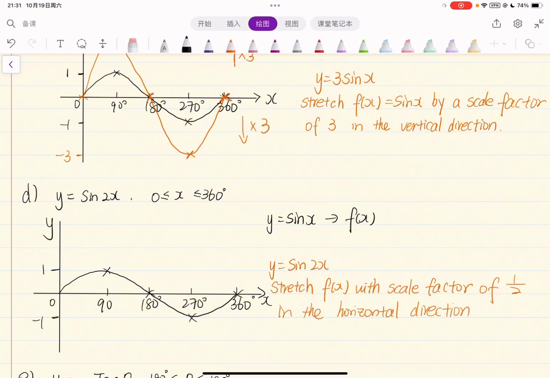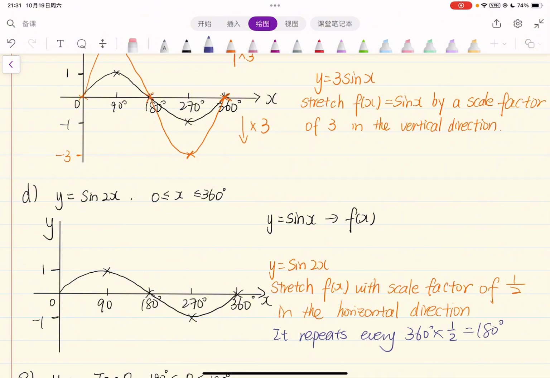You know that the period of y equals sine x is 360, and you stretch this period with a scale factor of half, which means it repeats, let me change the color, it repeats every 360 times half, that is 180 degrees.